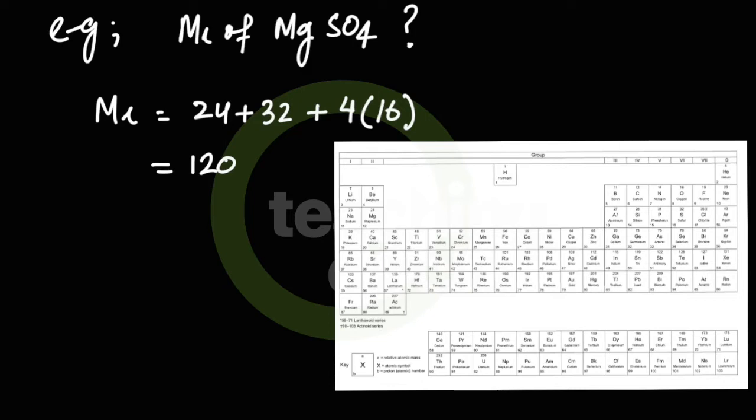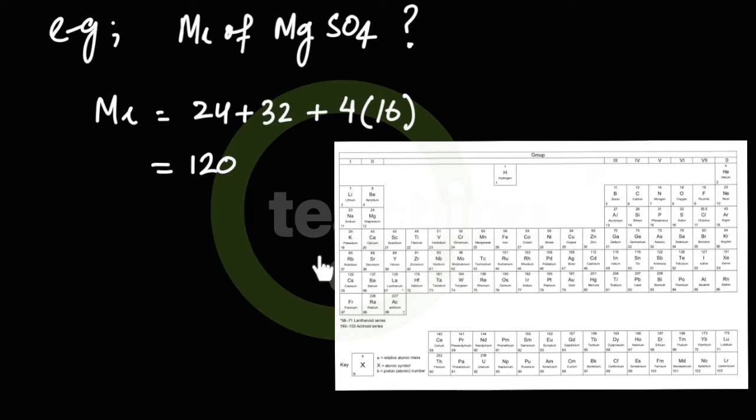So what we do is we just look at the periodic table and fish out the atomic mass of magnesium, which is 24, the atomic mass of sulfur, which is 32, and of oxygen, which is 16, but there are 4 oxygen atoms here, so we multiply that by 4, and 120 would be the relative molecular mass.